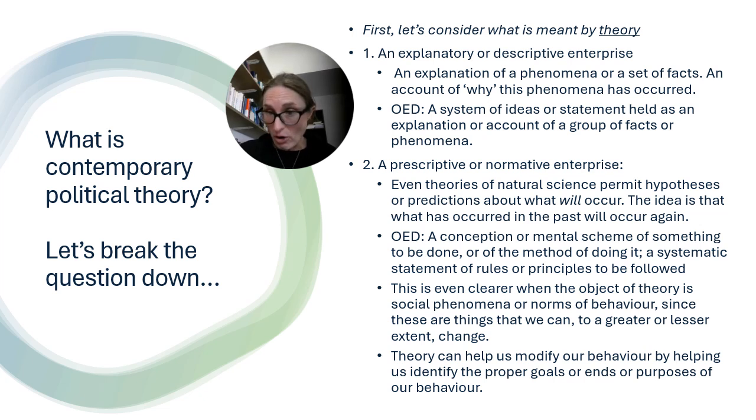We can change our own behaviour as societies. And theory can, in this sense, help us to modify our behaviour by helping us to identify the proper goals or ends of our behaviour. So it has a prescriptive or normative enterprise in a quite different sense when applied to the social world.